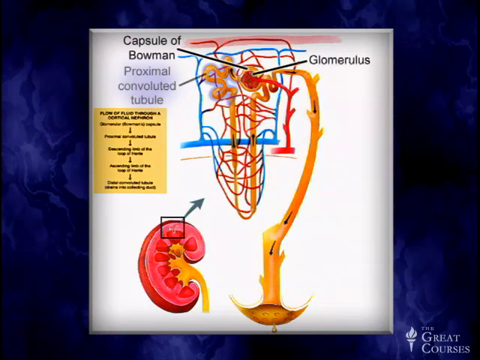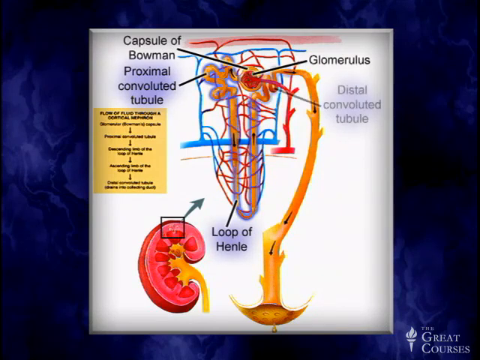The proximal convoluted tubule, the loop of Henle, the distal convoluted tubule, are all going to have places and products that they favor. And there's going to be both active and passive transport. So we're going to both get back our water, and we're going to get back our important solutes, dissolved particles, in a very short period of time.